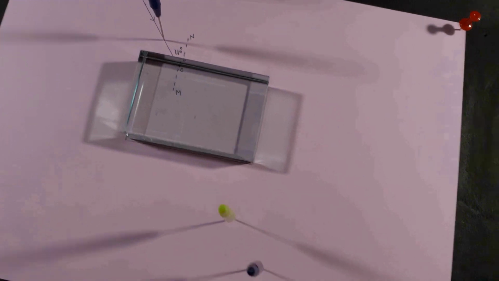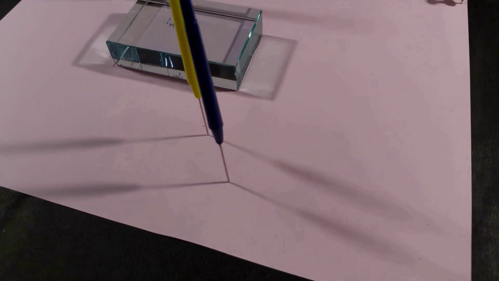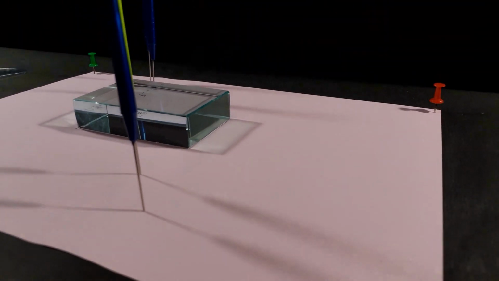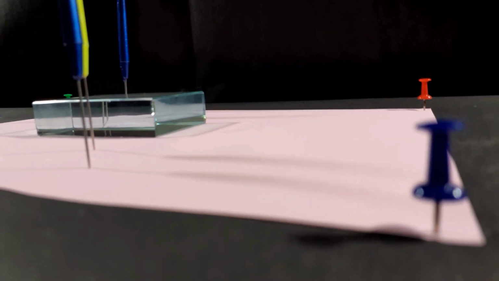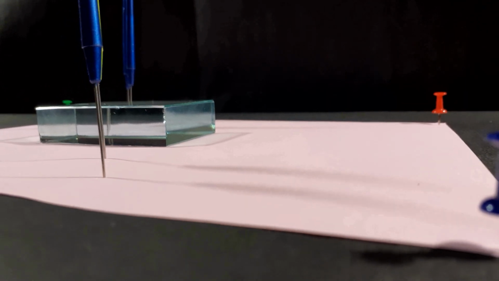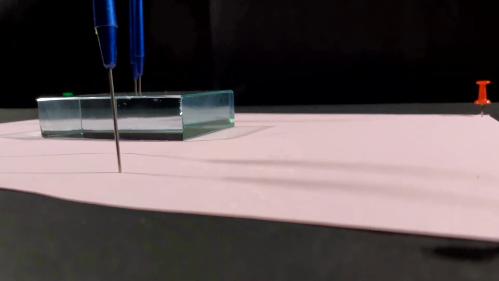Now, if you view the setup from the top view, you will see the two needles which we just placed on the opposite side are shifted sideways. But when viewed through the glass slab, all four needles appear in a straight line.